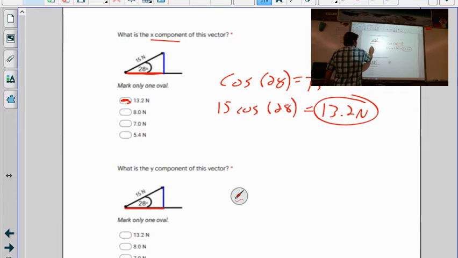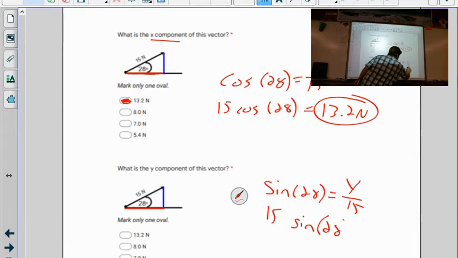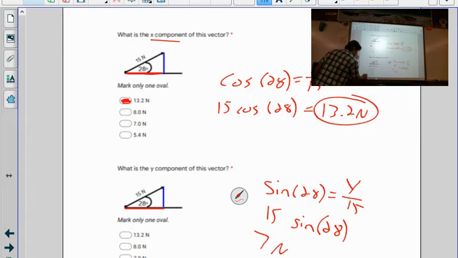So that would be this one right here. For this one down here, we're doing the exact same thing, except instead of cosine, we use sine of 28 equals y over 15, which means 15 times the sine of 28. If you do that out, you get 7 newtons right here.